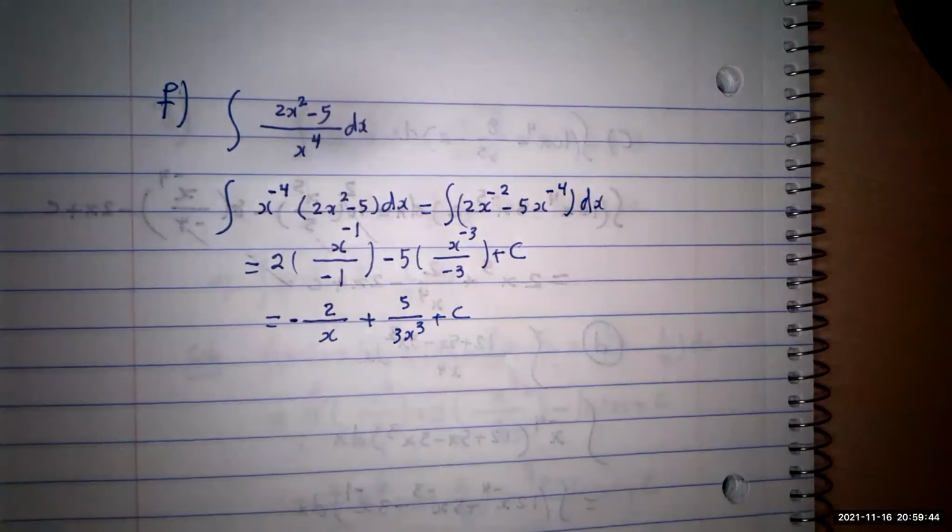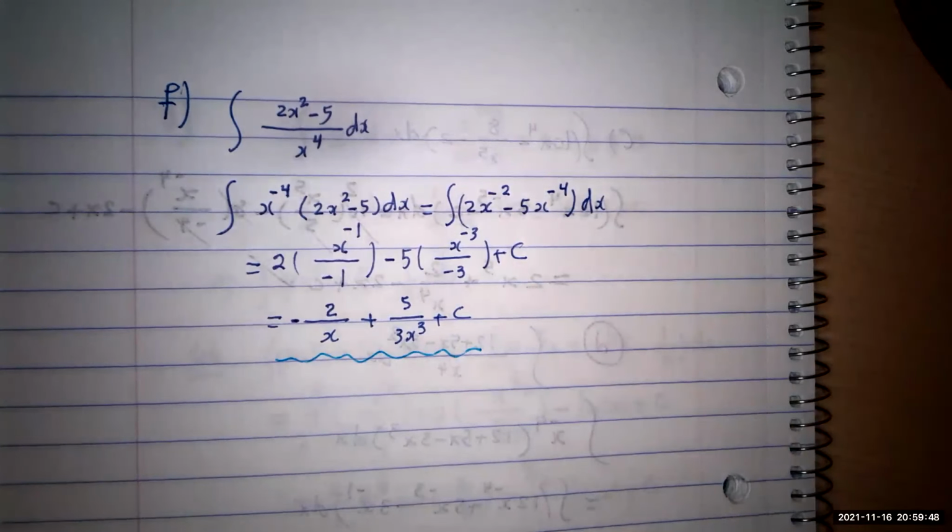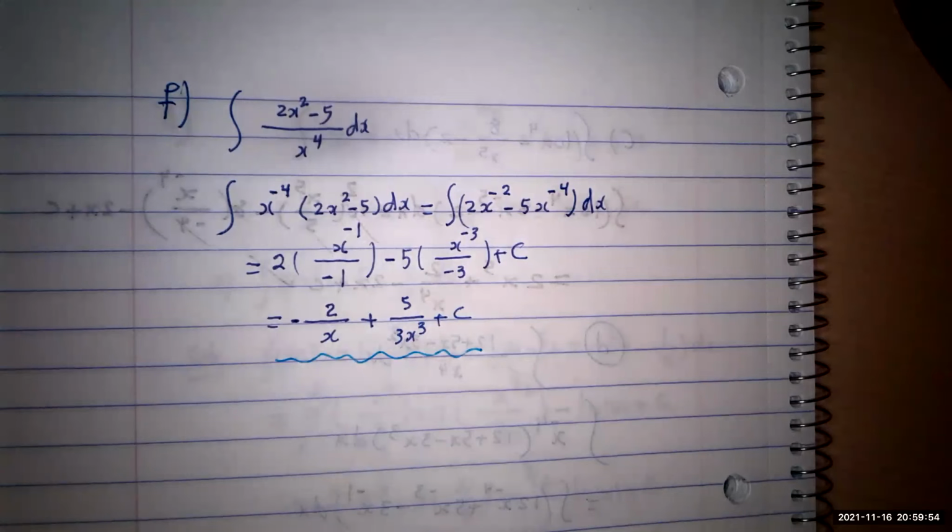For number f, you have to do extra work. That's always the case for all these problems: rewriting, changing those radicals or the fractional ones, otherwise it would be a nice one. Any question? That is the first group of this type of problems.